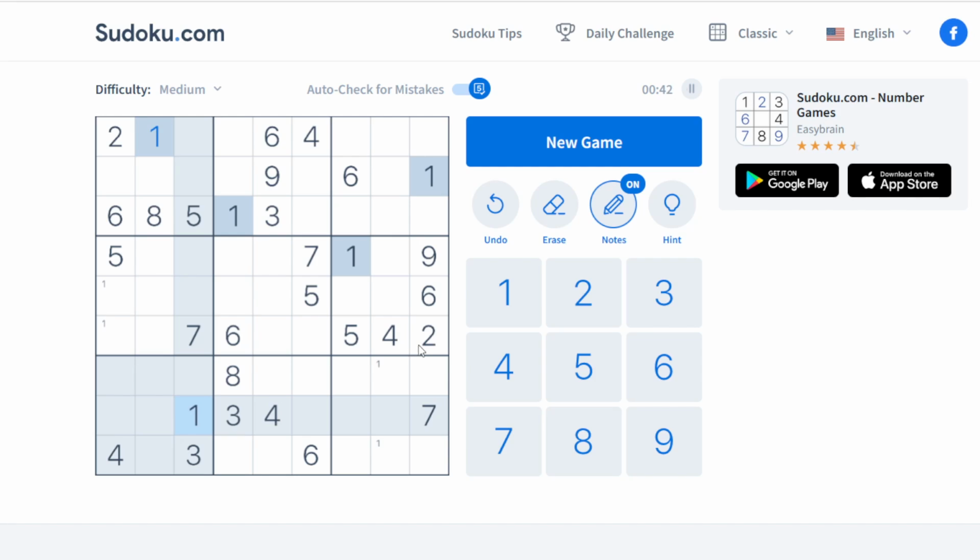All right, so we'll move on to the 2s. Not many 2s, but we'll see what we can do. If anything, nothing conclusive, so we'll move on to the 3s. The 3 is guaranteed to be here.